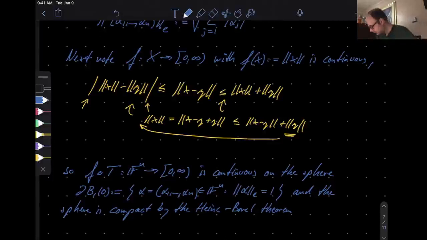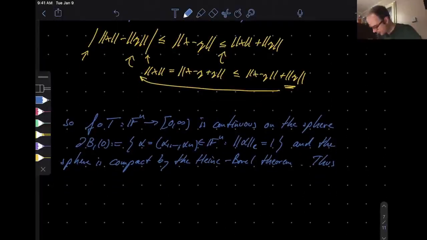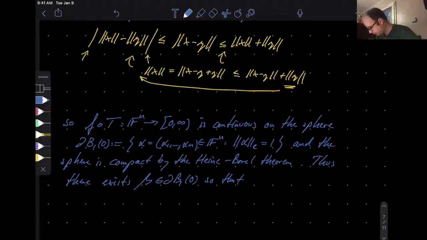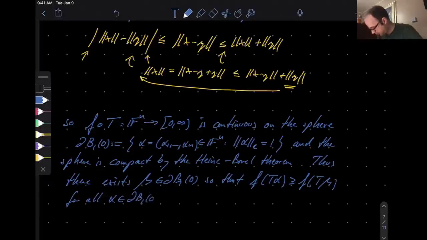Okay, so that's what I'm going to use. Thus, there exists beta on the boundary so that, well, it is a minimum, say. It also has a maximum, but I also only need the minimum. So that this is true for all alpha in the boundary of B1.